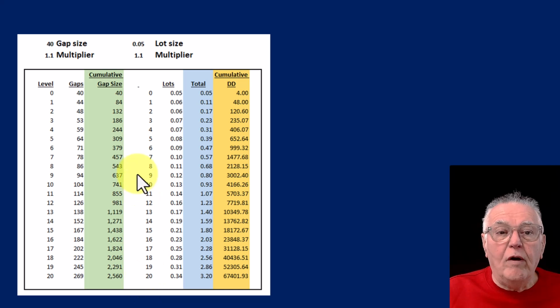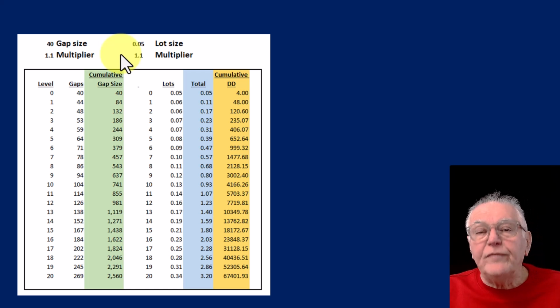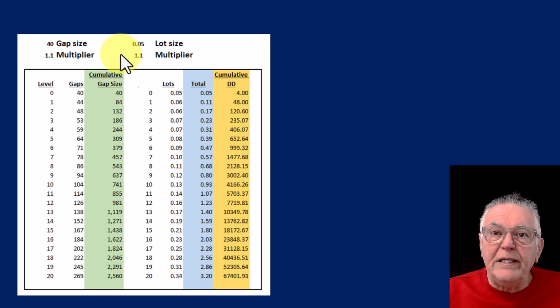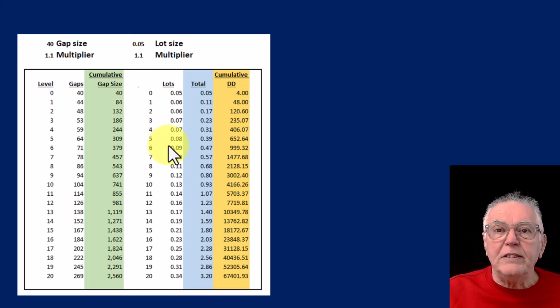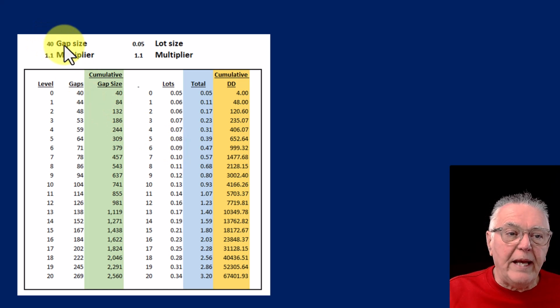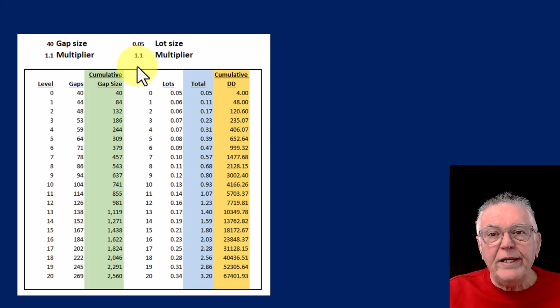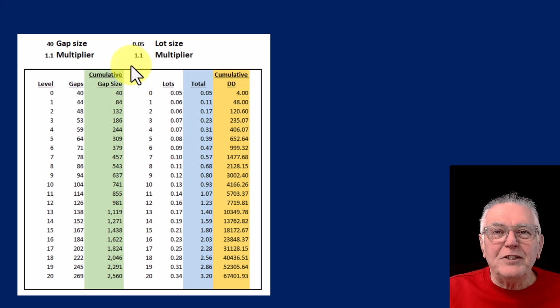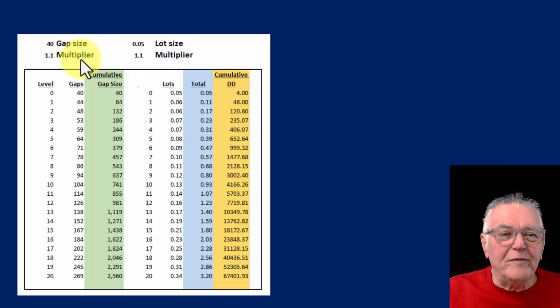Then lot sizing is quite important, and I have created a tool that can be used to calculate the effect of lot sizes used. There are lots of other methods of determining what kind of lot sizing you need, and I will make that the subject of a future video. This model is actually quite nice. You can put a gap size in and the multiplier in, and by the way, this is a training session for owners of the various EAs, so I'm not going to explain those kinds of concepts.